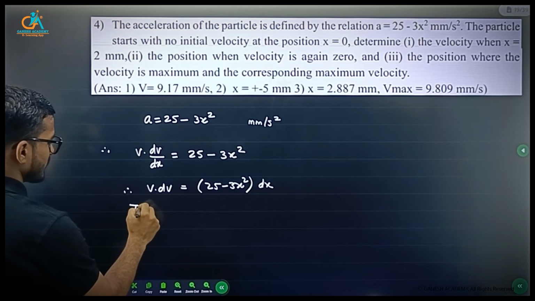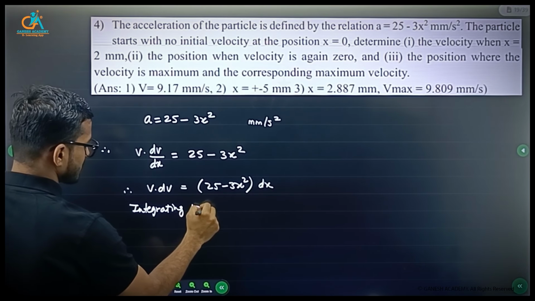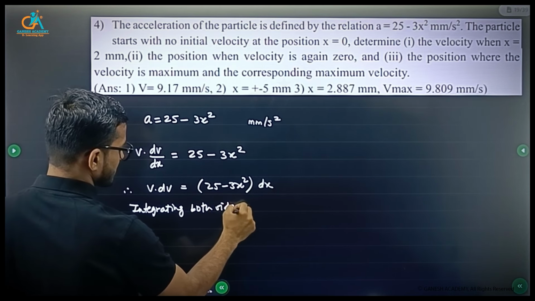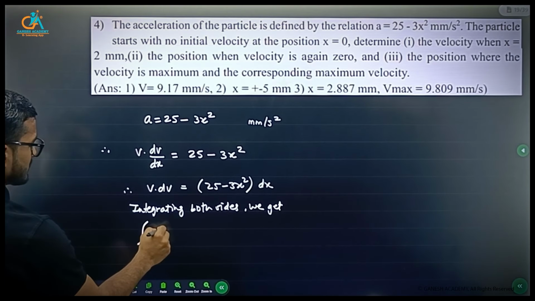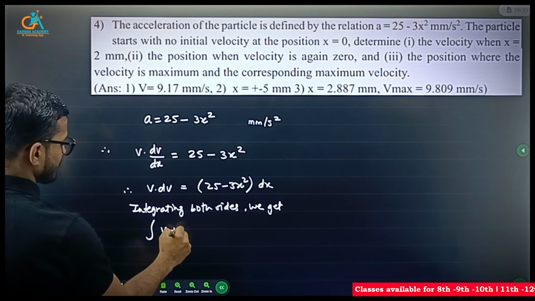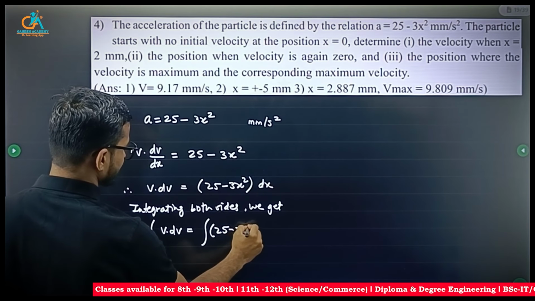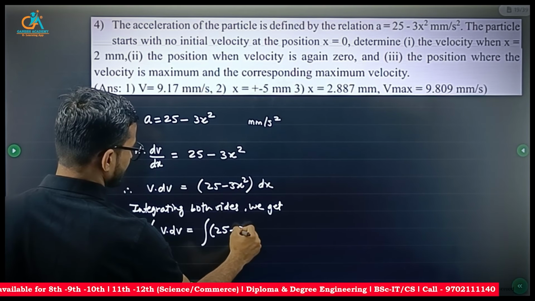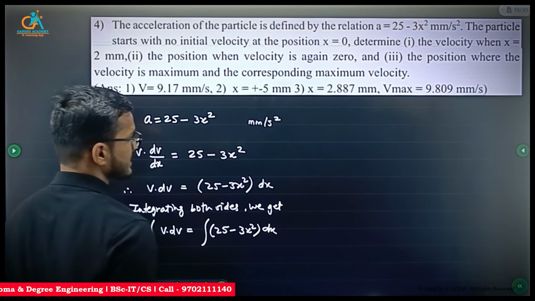Now integrating both sides, we'll get the integration of v dv and the integration of 25 minus 3x square with respect to x.